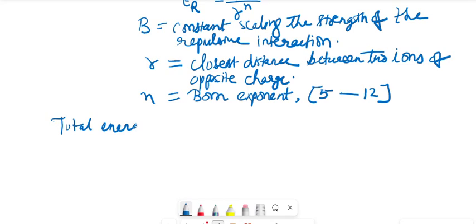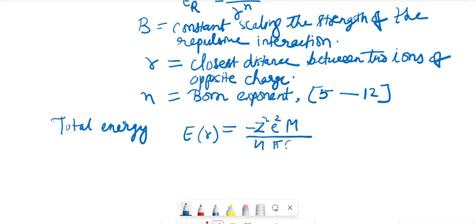Total energy. Total energy can be found out by summing these two terms, the electrostatic term and the repulsive term.